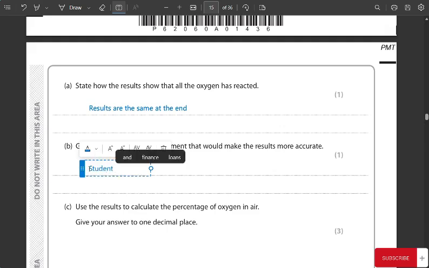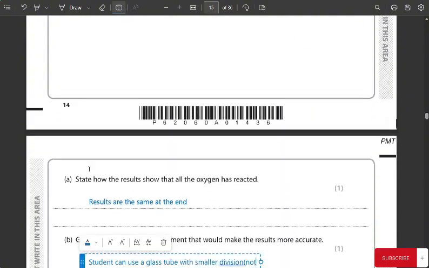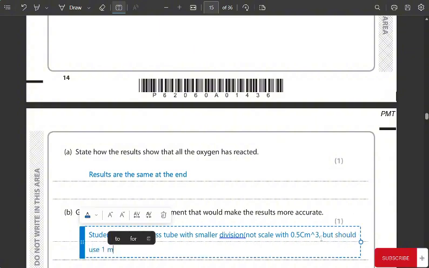The student can use a glass tube with smaller divisions, like, not the scale with 0.5 cm³, but should use 1 mm³.